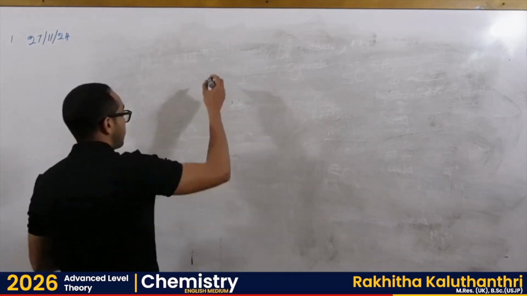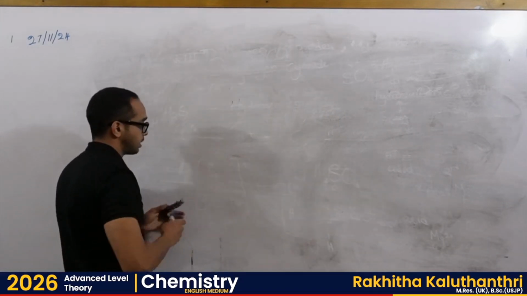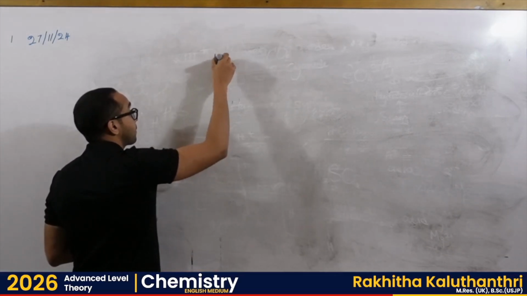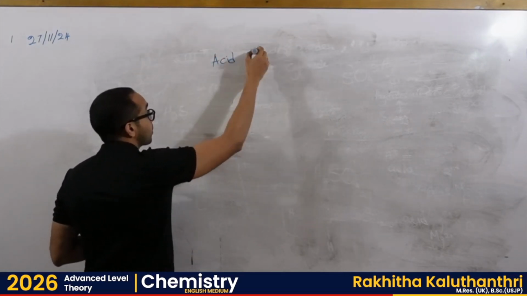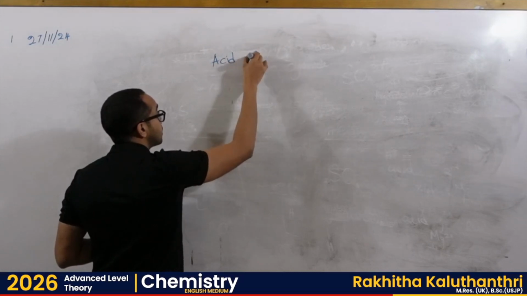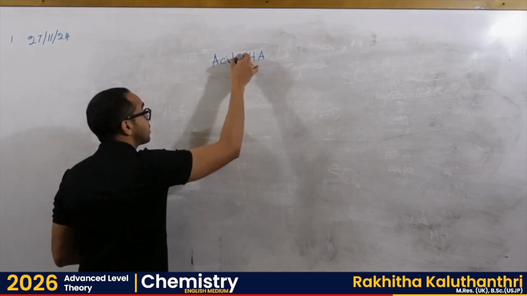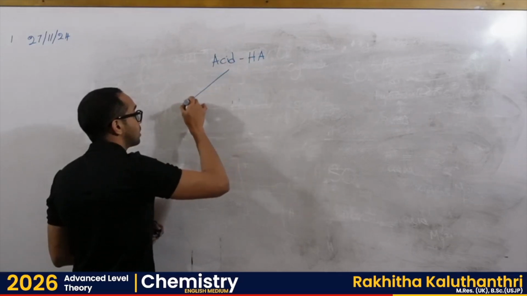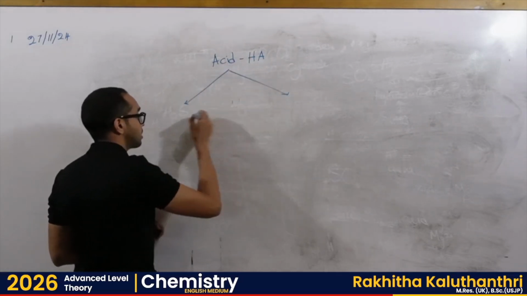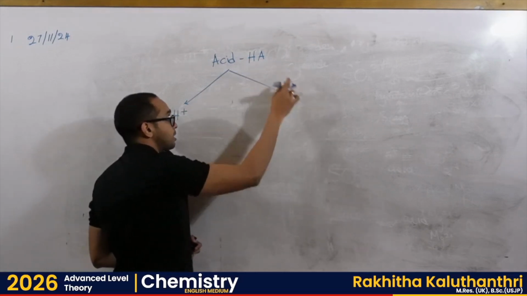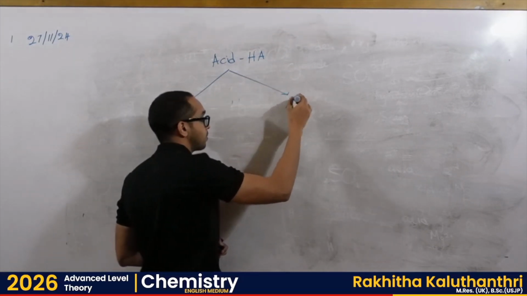If you take an acid, it has ionizable hydrogen and an anion, right? So basically it has the ability to release H plus, and the rest of the acid becomes an anion.